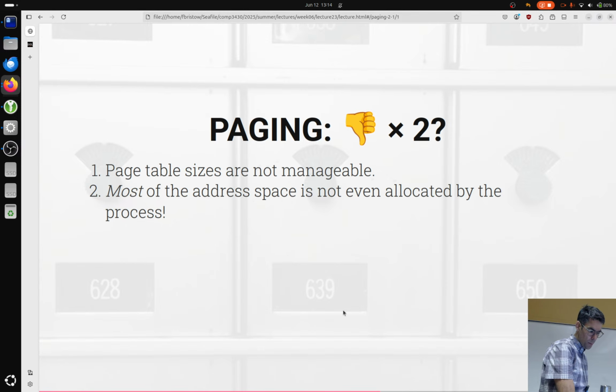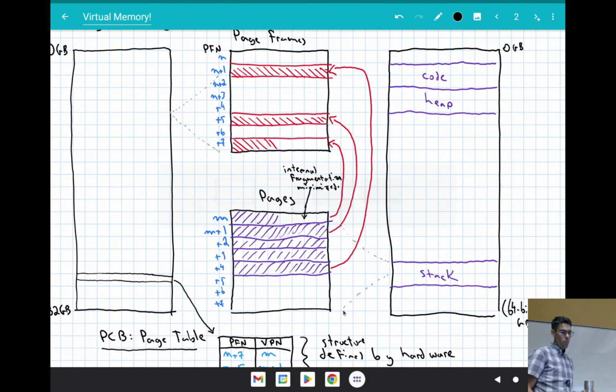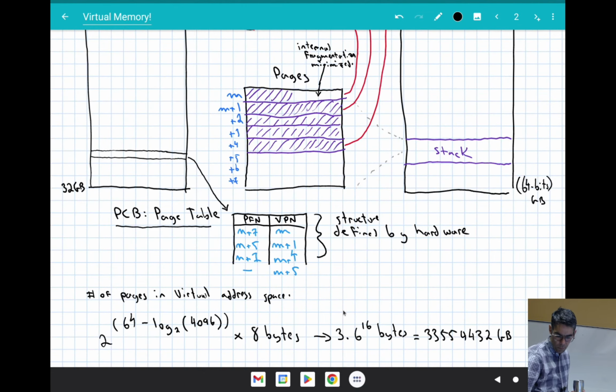If I go back to my diagram here, we still have internal fragmentation of the address space. Most of the space here is not allocated for use by the process, and so our page table will mostly be filled with blanks. This is not allocated, this one's not allocated, this one's not allocated, and many, many millions of gigabytes of this is not allocated right now by this process.